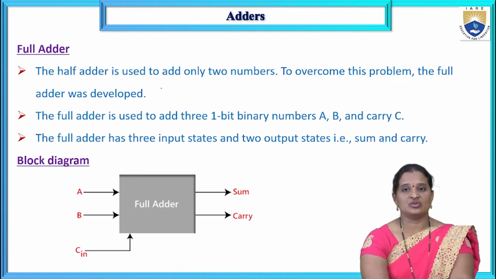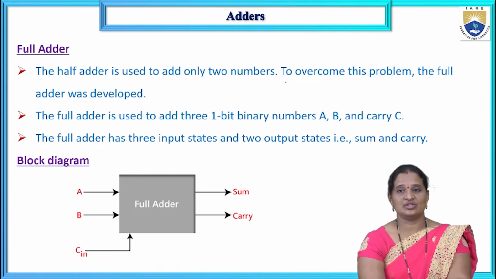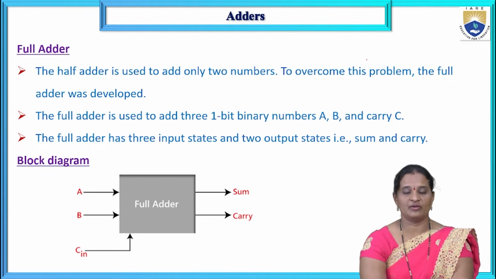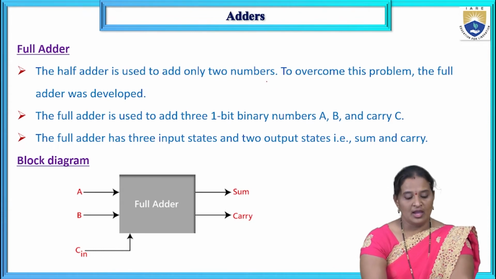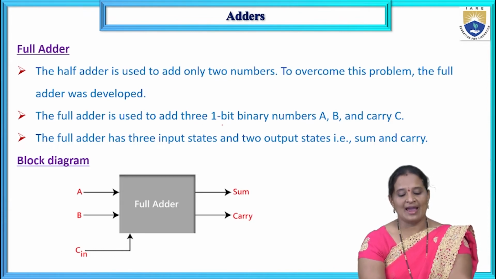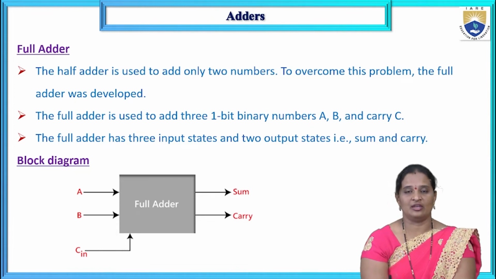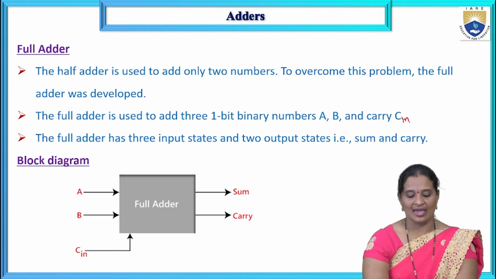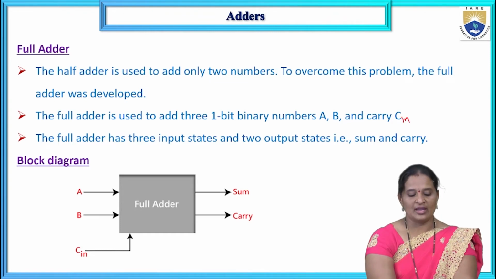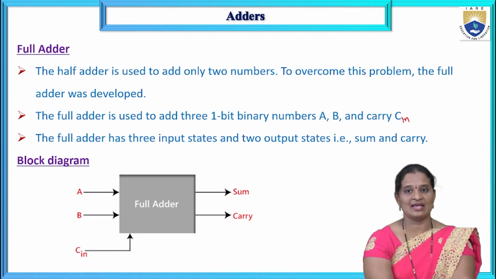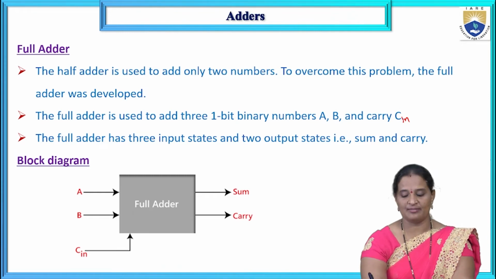The half adder is used to add only 2 numbers. To overcome this problem, the full adder was developed. The full adder is used to add 3 one-bit binary numbers: A, B and carry input. It has 3 input states, A, B and Cin, where Cin is the carry from the previous section, and 2 output states, sum and carry.